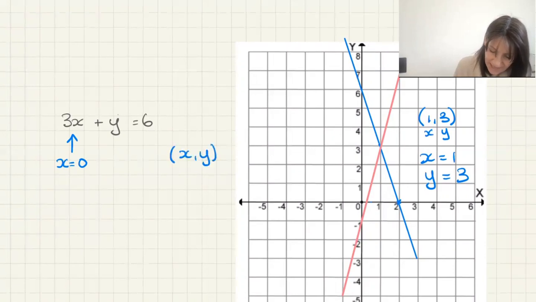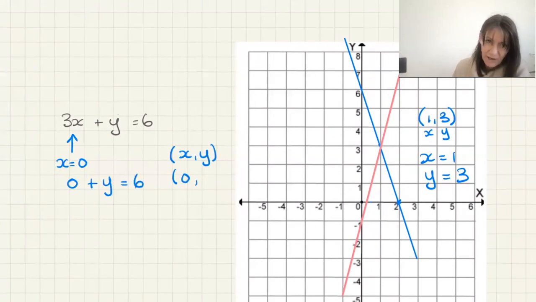So if I'm saying x is going to be 0, I've decided it, then my 3x, 3 times 0 is 0. So it as good as disappears. I've got 0 plus a number that y will take equaling 6. And y obviously has to be 6 to make that true.